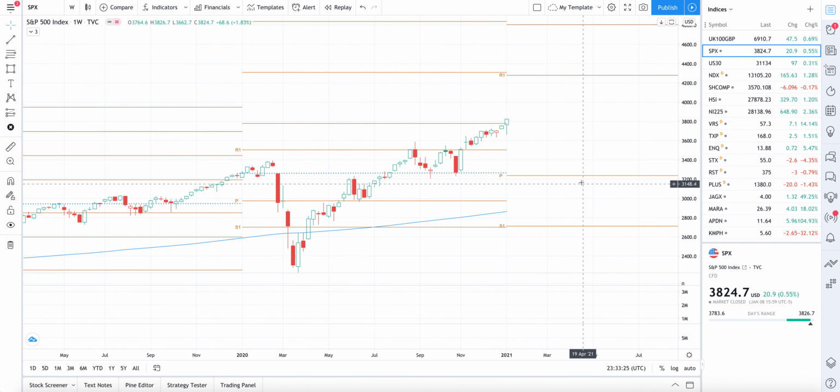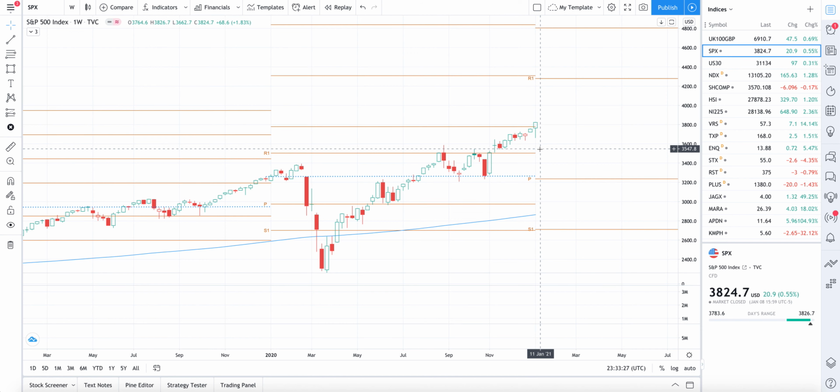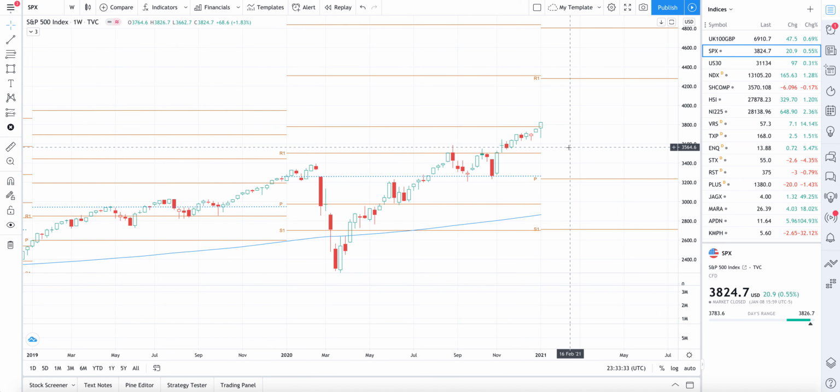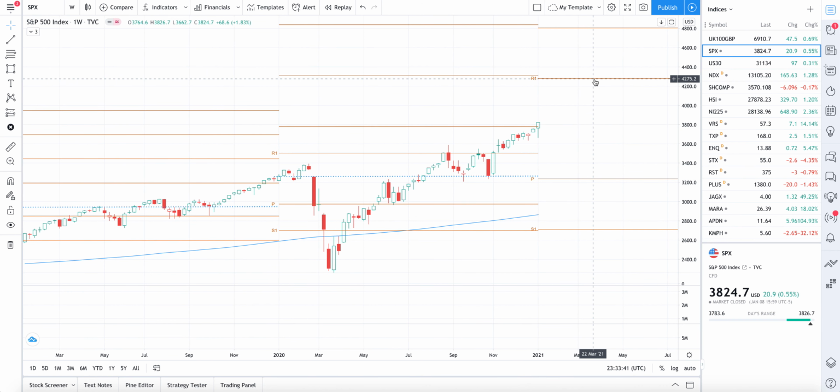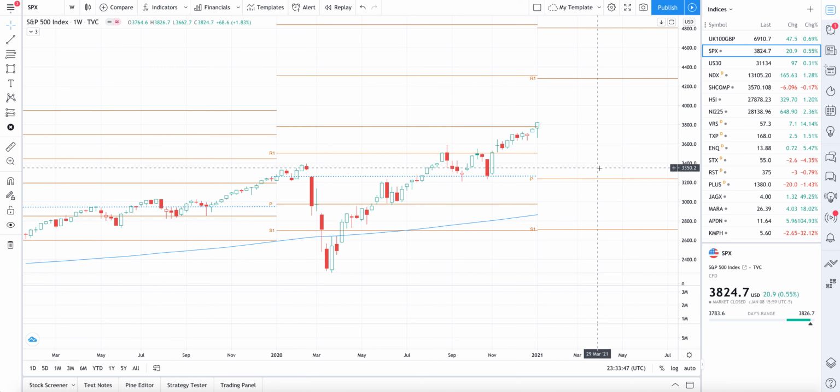If I flick back to the weekly chart, as you can see, up just shy of 2% for the week, but at an all-time high. And in between at the moment, the R1 weekly floor pivot and the central pivot down below at 3,230. Market looks strong, continued their strength into the new year.